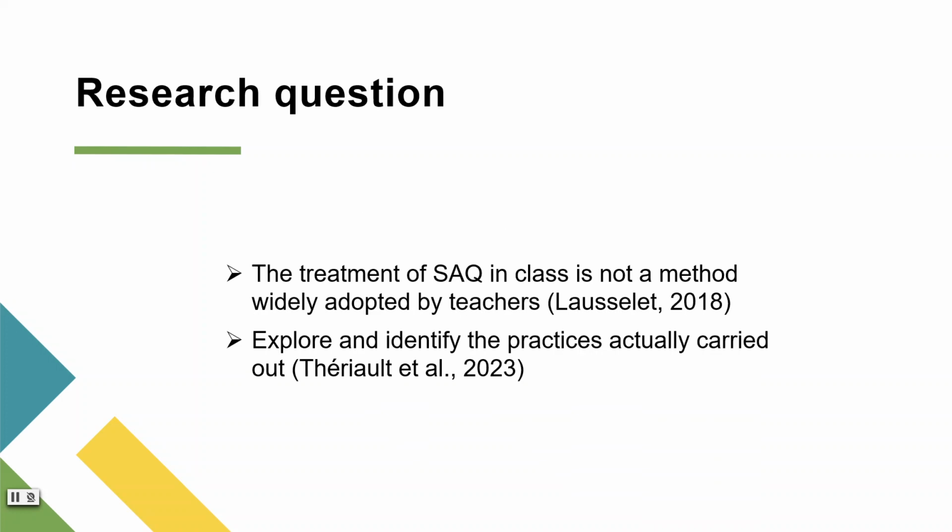Literature teaches us that the treatment of socially acute questions in class is not a method widely adopted by teachers. In another research, we learned that it would be interesting to explore and identify the practices actually carried out.